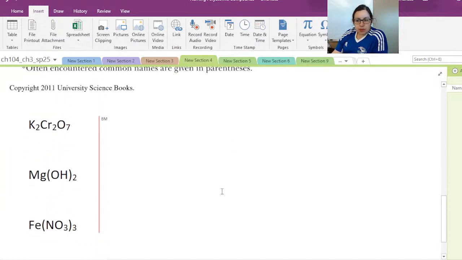All right, so see if you can try this. So maybe copy the problems down and then I'll scroll back up so you can have your polyatomic reference sheet.